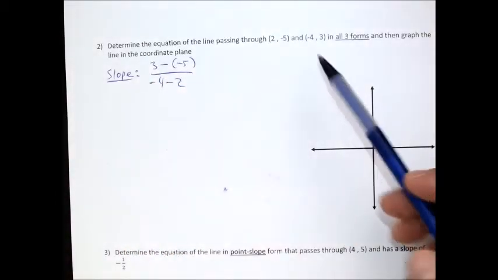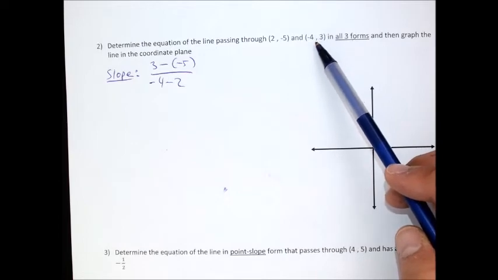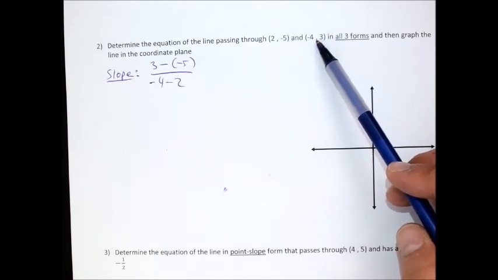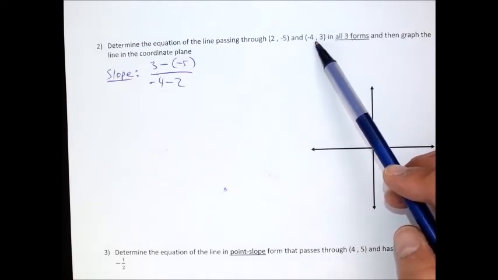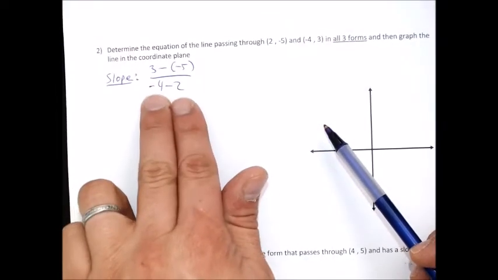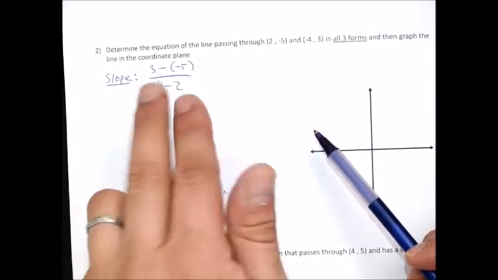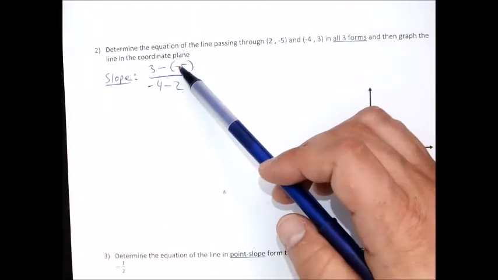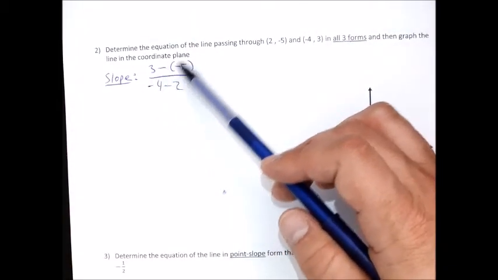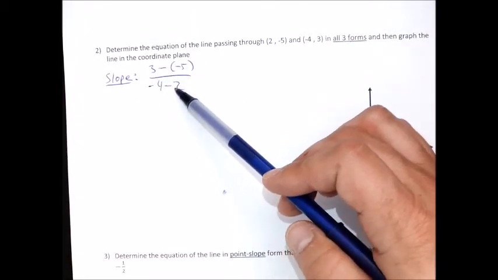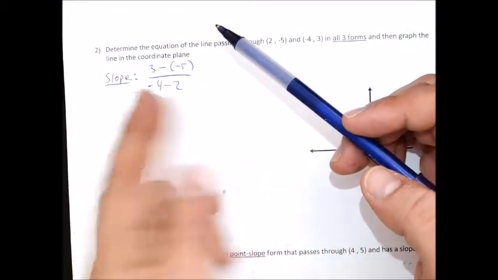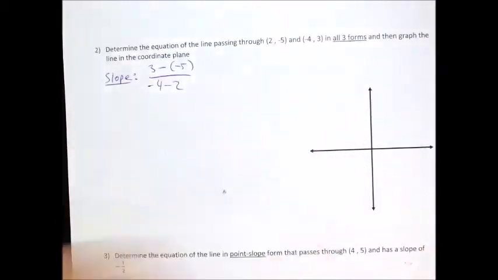I chose to use the (-4, 3) point as my x2, y2, but you could switch them too. We could do -5 minus 3, divided by 2 minus -4, as long as you switch both of them.